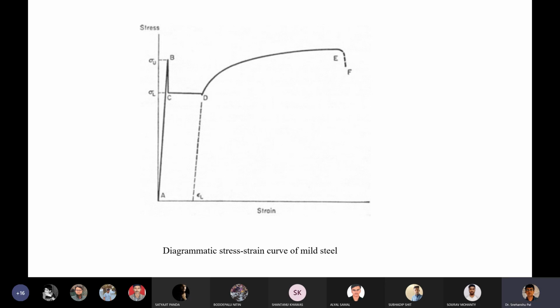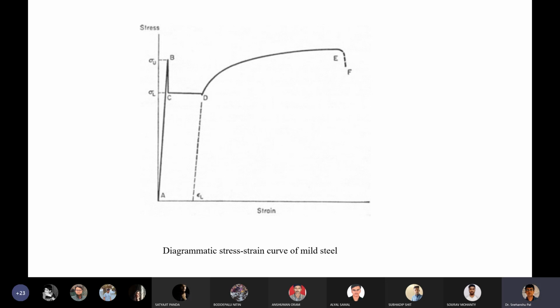But the deformation at this stage is not homogeneous. The specimen is divided into regions, and you can see that these regions create Luder bands. Later on, we'll understand what Luder bands mean.